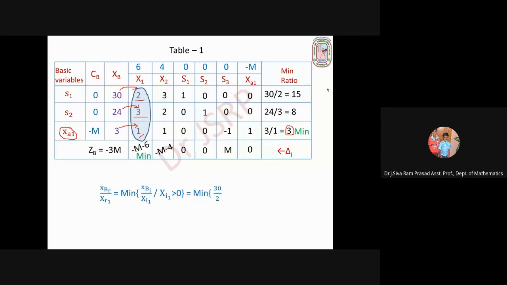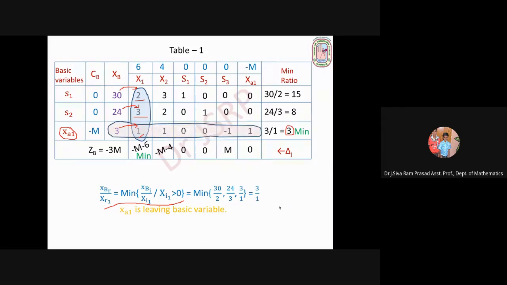That is the minimum of these three ratios: 30/2, 24/3, 3/1. The minimum is 3/1, so the corresponding variable xa1 is the leaving basic variable. You don't need to bother about this notation.